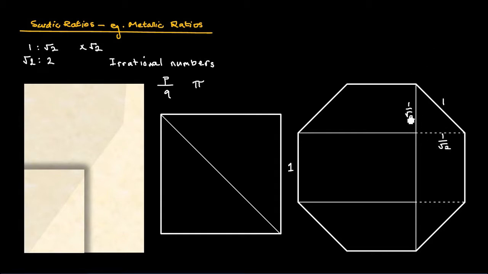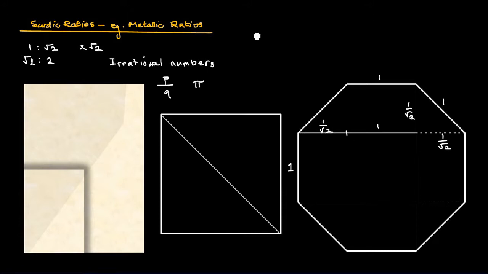Okay, so now when I've got this side length of 1 over root 2, what's the side length here? Well, up to this point it must be 1, because the side length is 1, and so this must be 1 over root 2 as well.